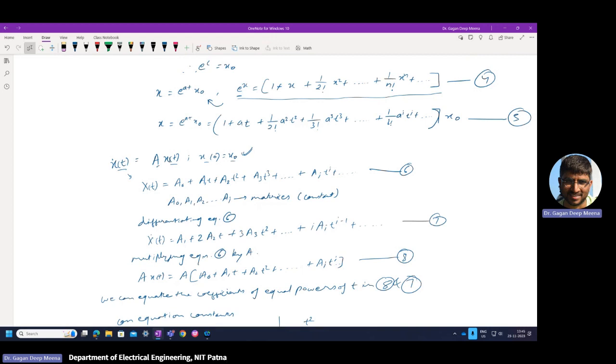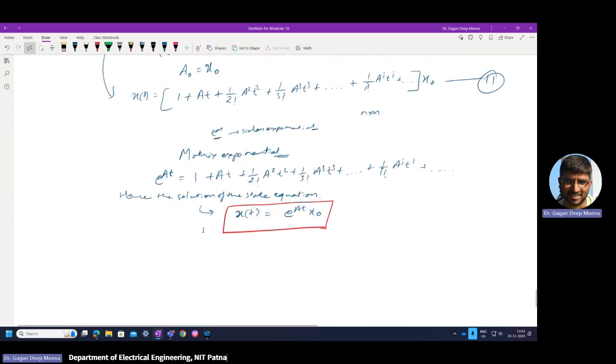So these kinds of equations are known as homogeneous equations, and that's your solution for the homogeneous equation, the solution of the state equation which is homogeneous in nature, where you don't have input. Okay, so this is your solution.